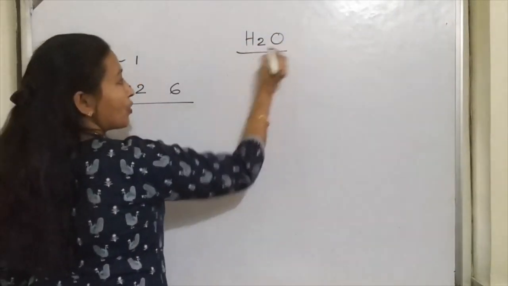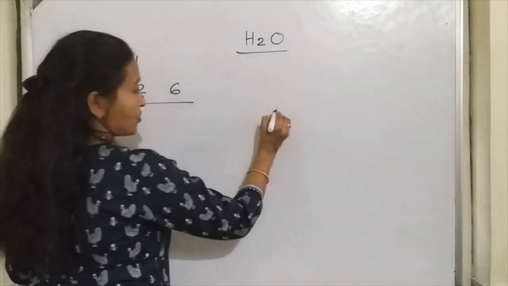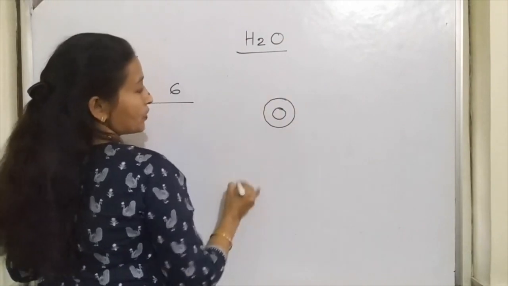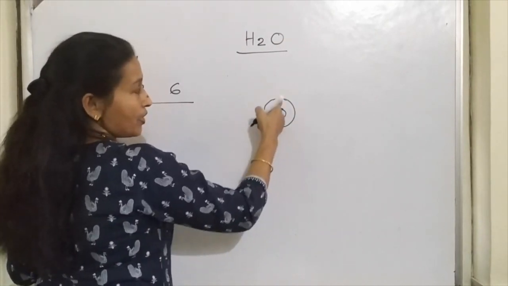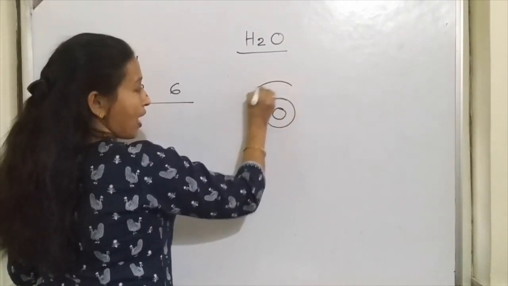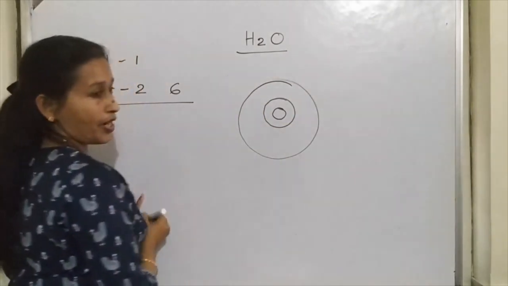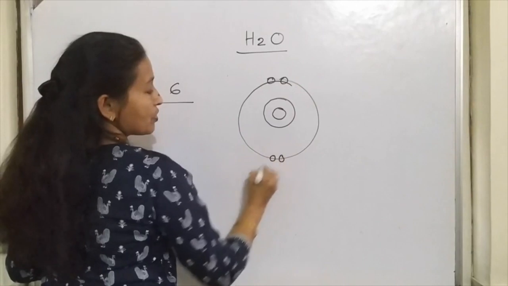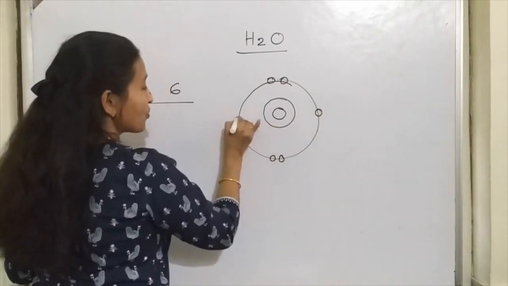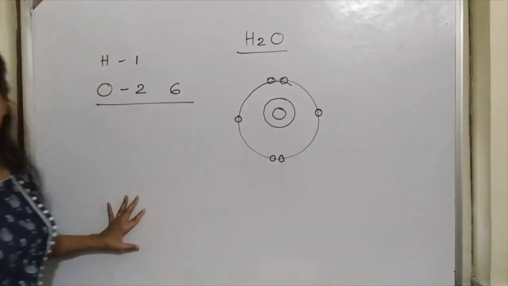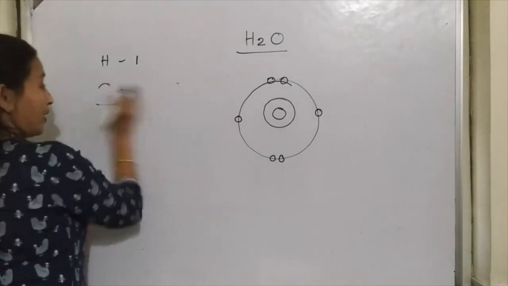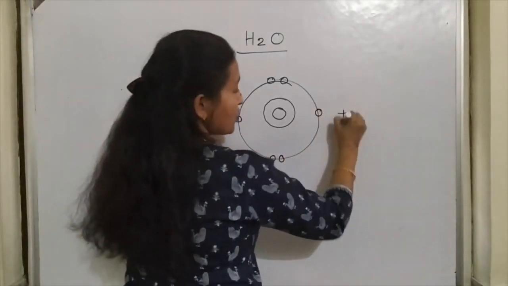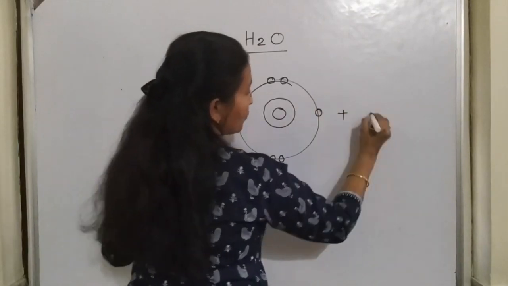Let us see the formation of the water molecule. I am keeping oxygen in the center because it is sharing with both. This is the oxygen symbol, this is the nucleus and this is the orbit of the oxygen atom. It needs 2 more electrons, so we keep those 2 electrons unpaired. On both sides we keep a hydrogen atom because oxygen shares with both.